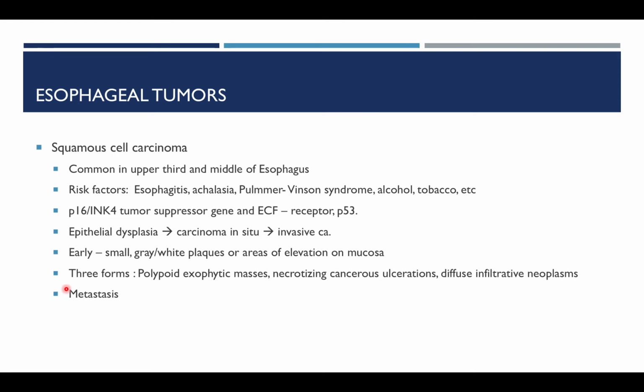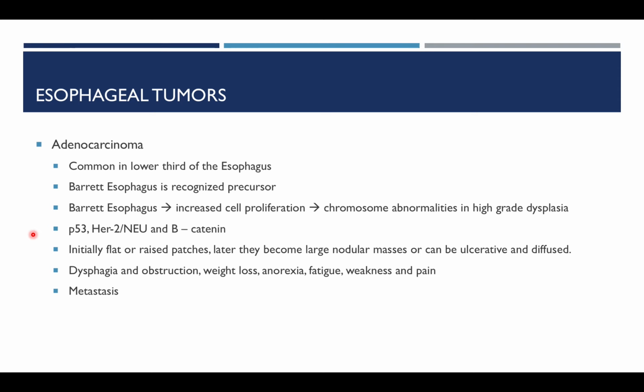In terms of metastasis of squamous cell carcinoma, because they occur in the upper third and the middle of the esophagus, it can spread to regional lymph nodes, in this case cervical and mediastinal lymph nodes. Another tumor of the esophagus is adenocarcinoma, and this is most commonly seen in the lower third of the esophagus. Barrett's esophagus is usually the precursor for adenocarcinoma.